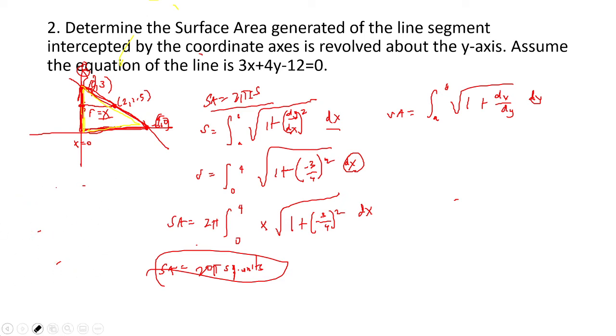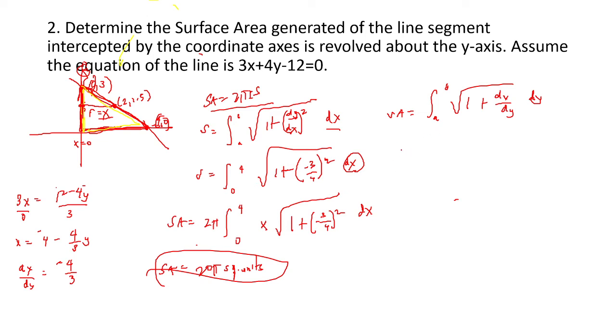Change that one into 3x is equal to 12 minus 4y. So divide both sides by 3. X is equal to 4 minus 4 thirds y. So dx over dy, so x with respect to y, that's negative 4 thirds.